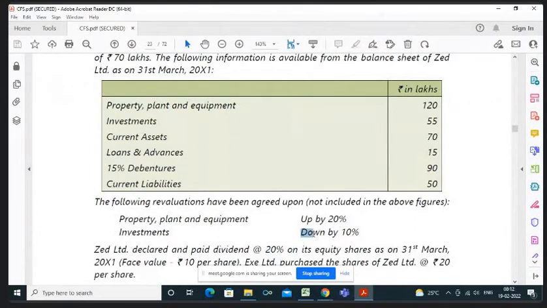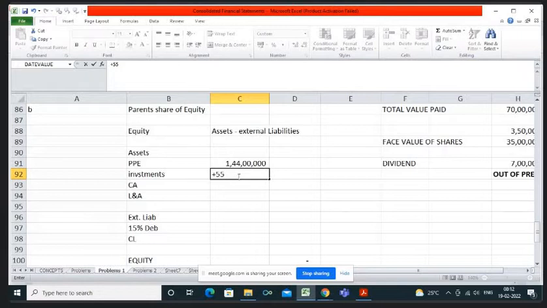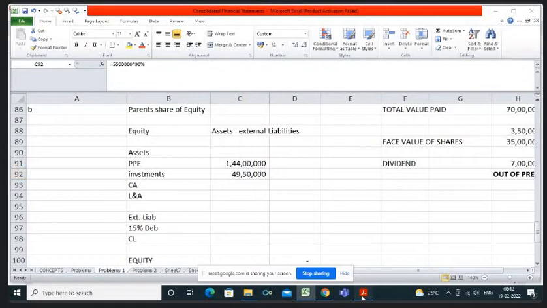Then second is investments. Investments, what happened? They are down by 10%. So we have to deduct 10% here. So the total value of investments is 55 lakhs into 90 percent. It is 49 lakh 50,000.